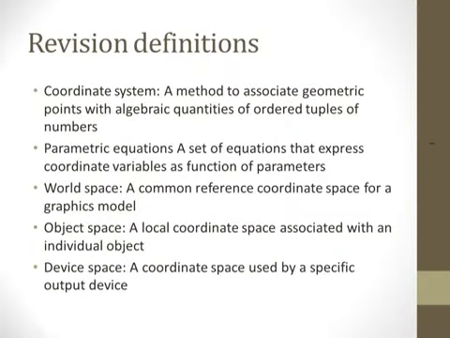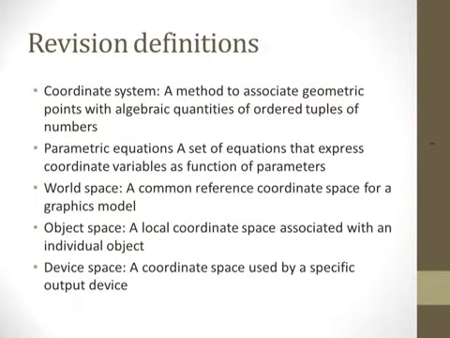First, as a definition, the coordinate system is a method to associate geometric points with algebraic quantities of ordered tuples of numbers. Parametric equations are a set of equations that express coordinate variables as functions of parameters.